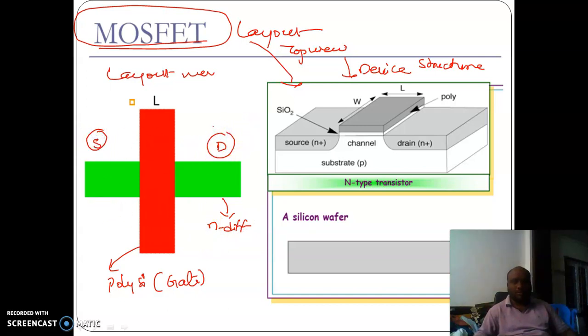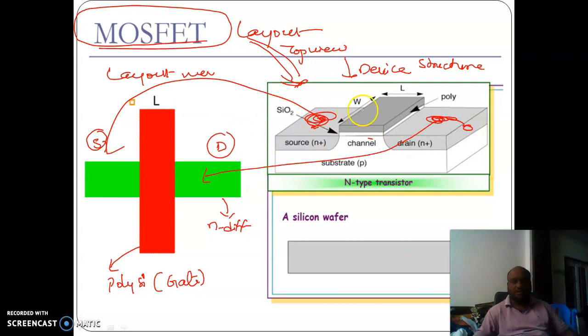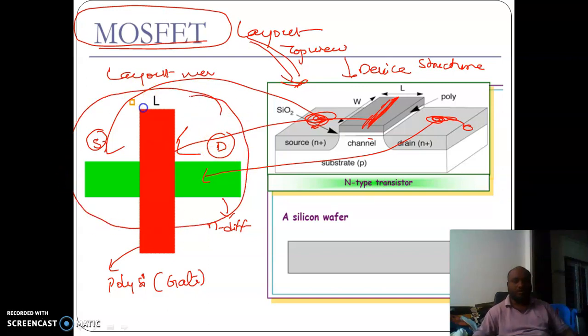If you compare like this, once you look at the top view of the device, this part, the source, is represented here, whereas this part, the drain, is represented here, and this part is represented here as polysilicon. So this overlapping of polysilicon with the N diffusion represents an nMOS transistor.